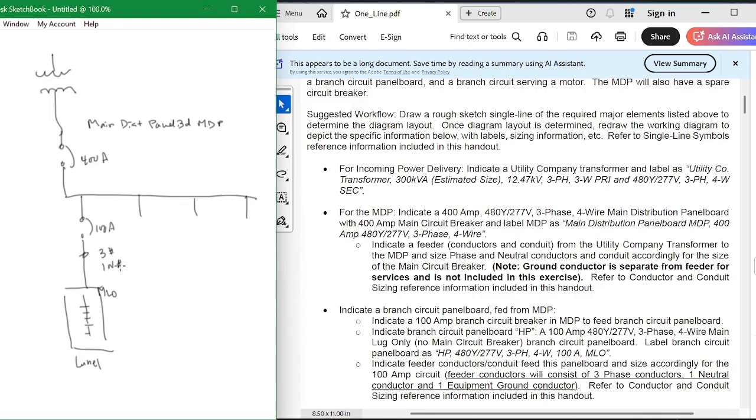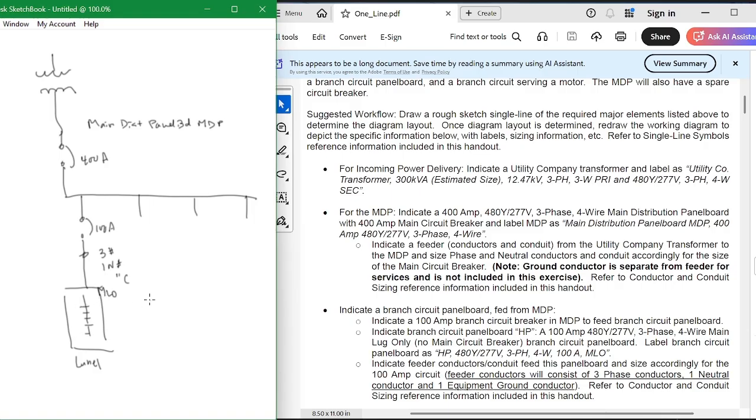I'm not going to look this up for you, but you're going to have to look this up. Then you're going to size a conduit, such and such a size conduit, so many inches. Piece of cake.